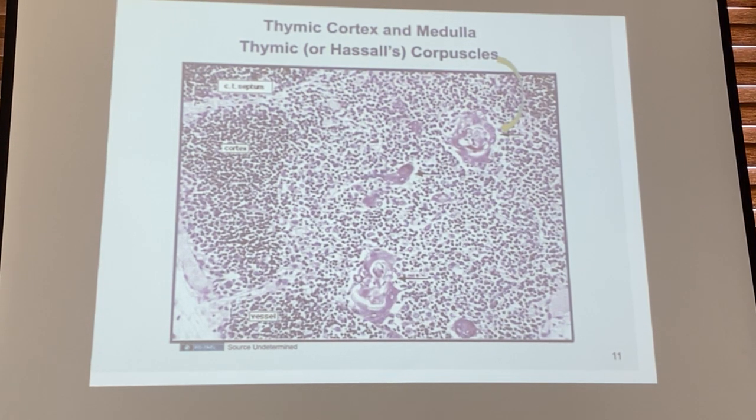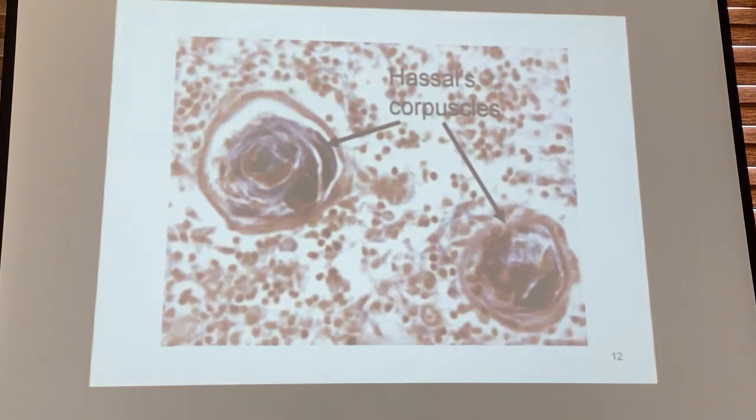Because they are epithelial in origin. In a higher power, the Hassall's corpuscles appear like this. And if you focus on the other cells in the medulla, the majority are epithelial cells. The lymphocytes are found in very few numbers.